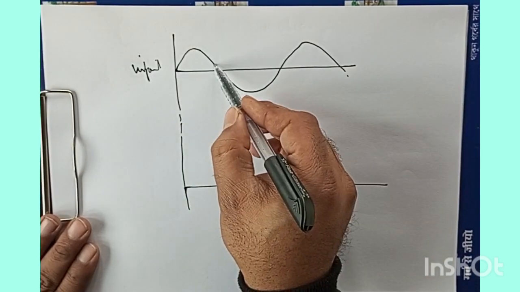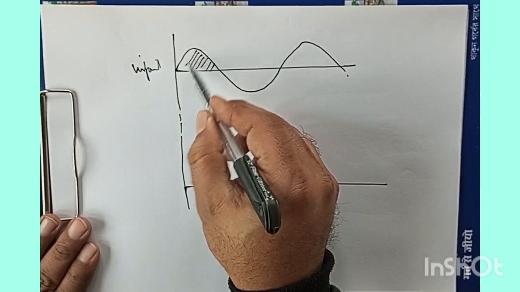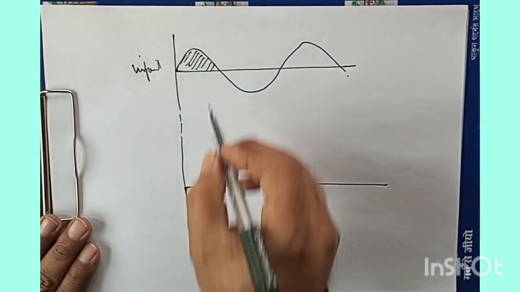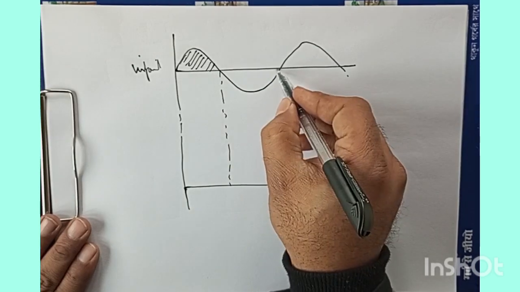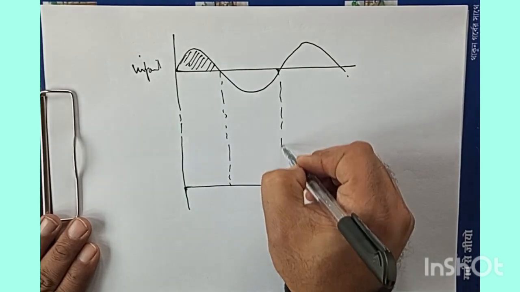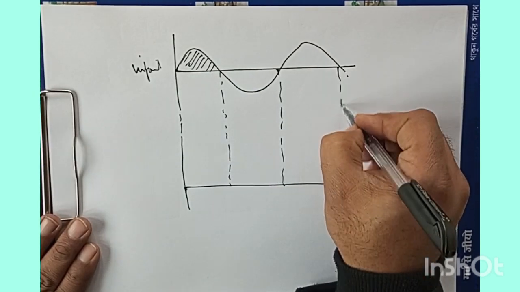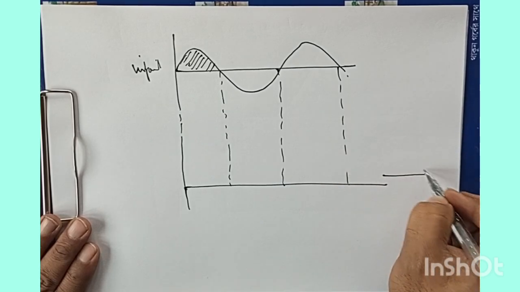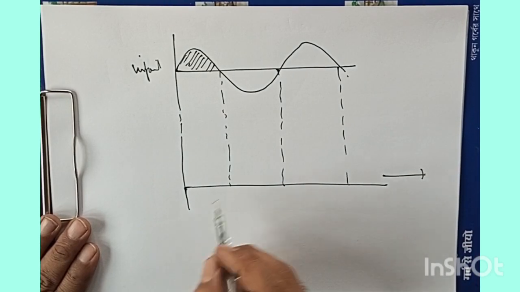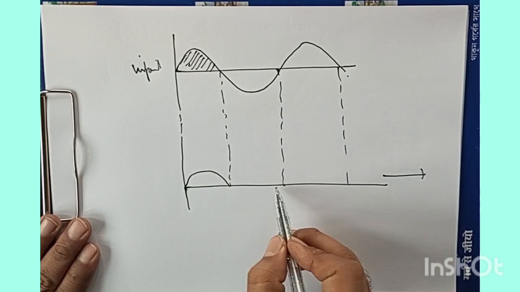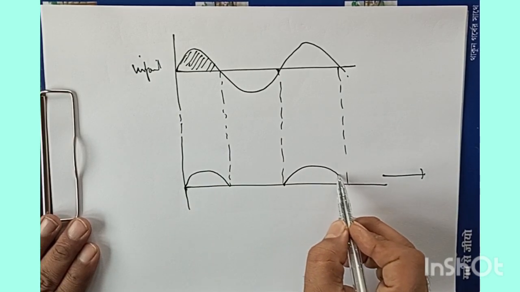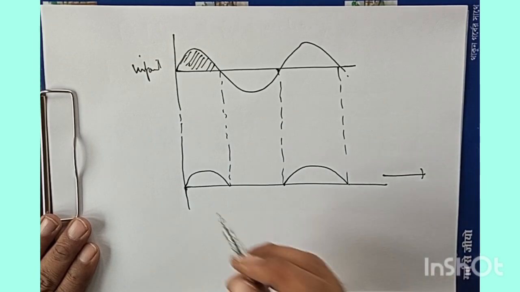Now, for this positive half cycle of AC, it conducts, so I would like to make dots here. And for this negative cycle, it does not conduct. Then again, it conducts, and the process goes on. So here we will have an output like this. So here we have zero output, then we have output, then we have output.